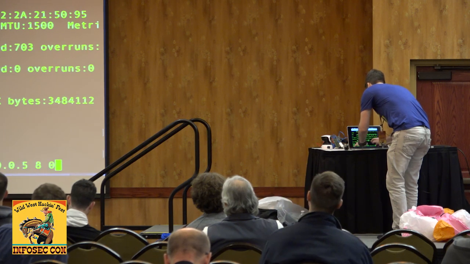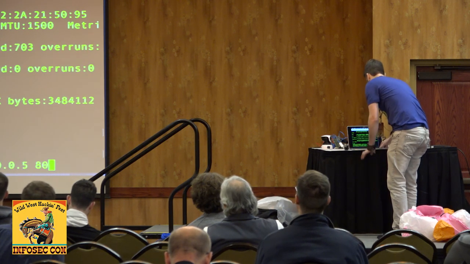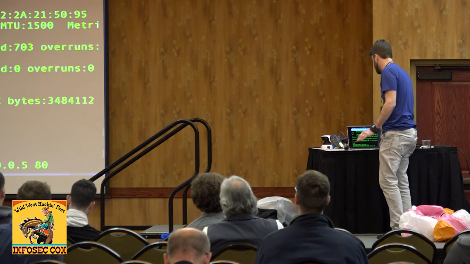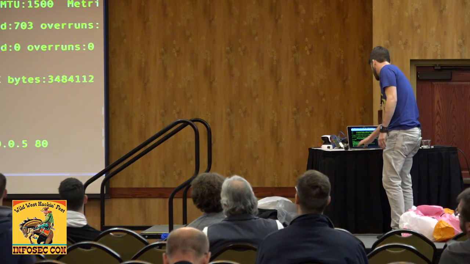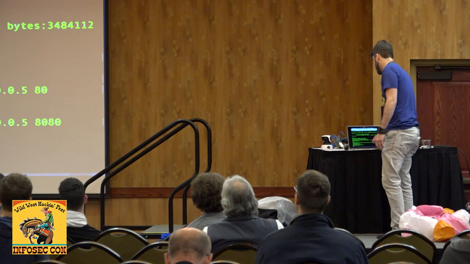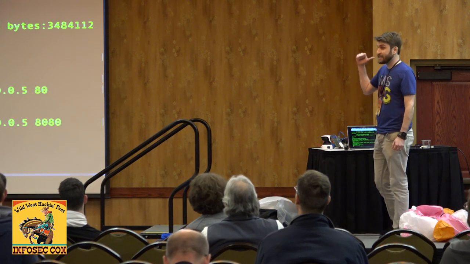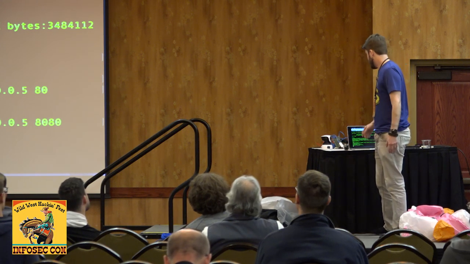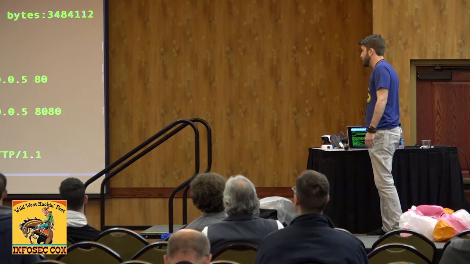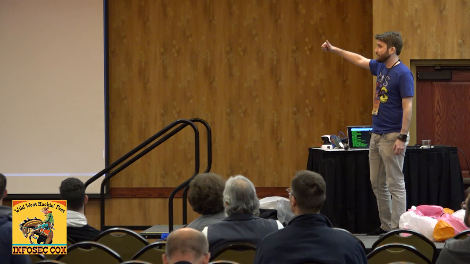I have another vulnerability that I found on that router. That router always listens on port 8080 for its administration panel on the internet side. You can't turn it off. Now, if you send this HTTP request with no authentication, you'll get all of the configuration, including the Wi-Fi password, everything is in there.